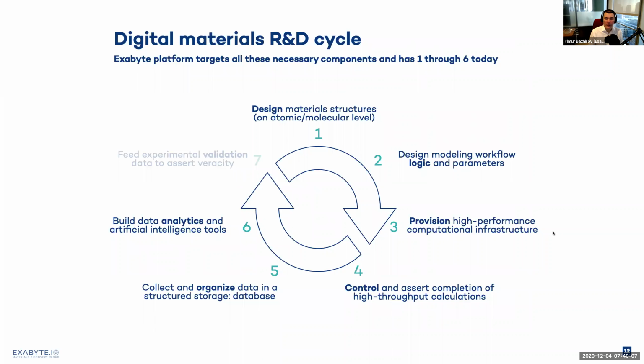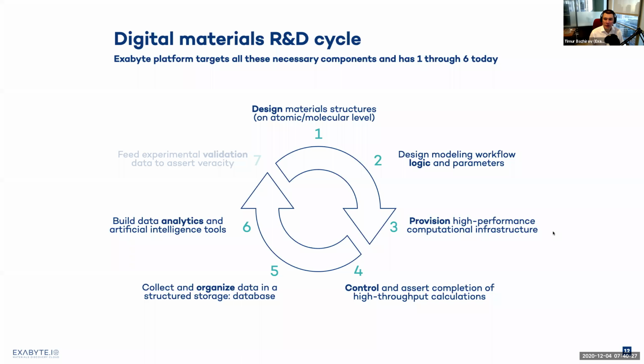So if you think a little more in depth into the digital materials R&D lifecycle, we can identify at least 7 different components, where we have to design materials, structures. We need to then design modeling workflows to be able to characterize these newly created materials.